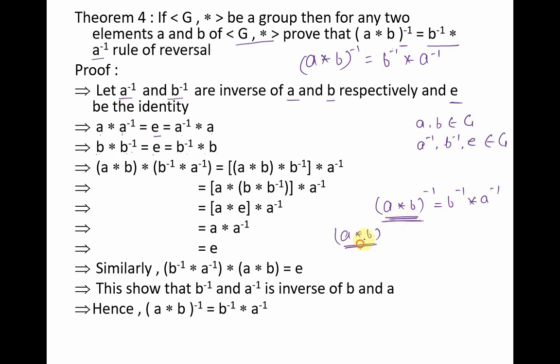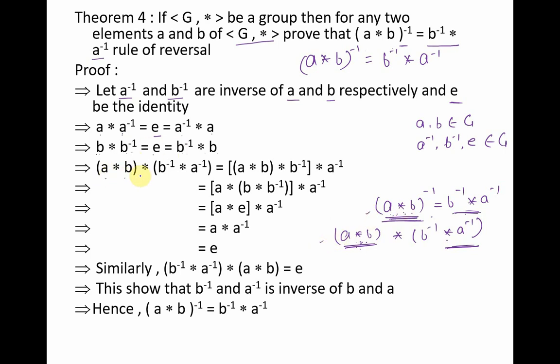If this and this are both inverses, and if this is equal to this, then A star B star B inverse star A inverse should give me the identity element. If I say that B inverse star A inverse is the inverse of A star B, then a product of this and this should give me the identity element. So that is exactly what I am going to do over here.